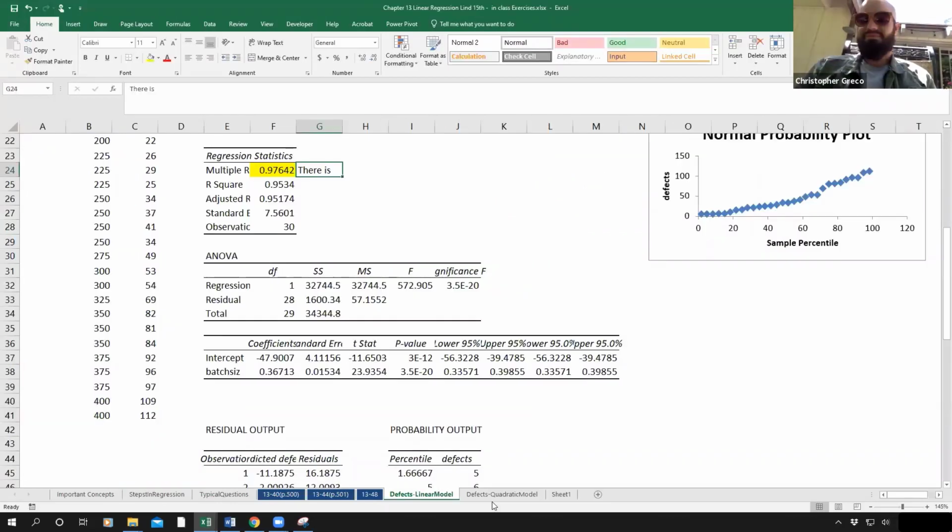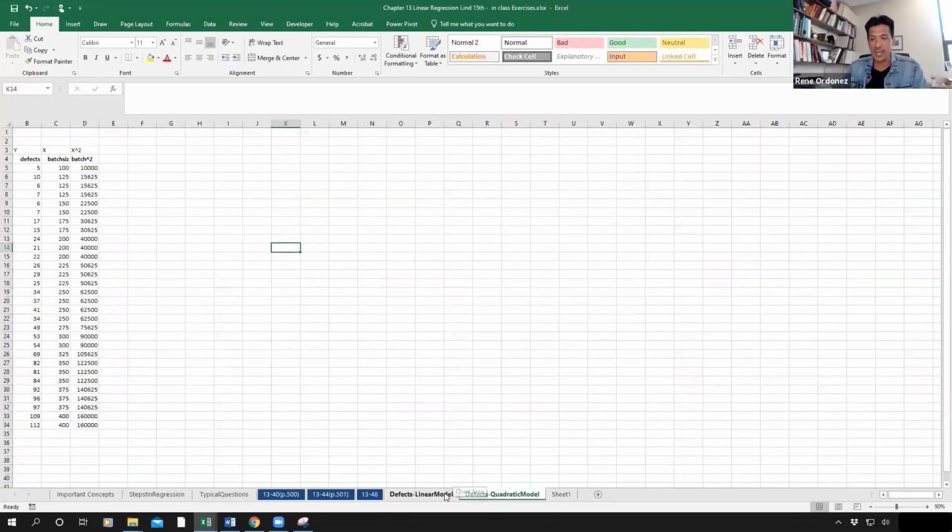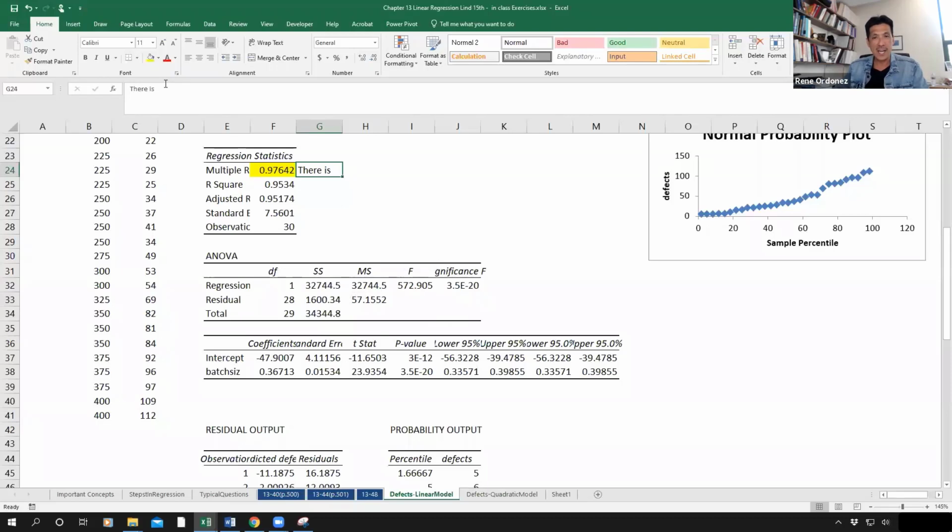Well, yeah. So instead of just saying strong, we will say there is a very strong correlation between batch size and the defects produced.